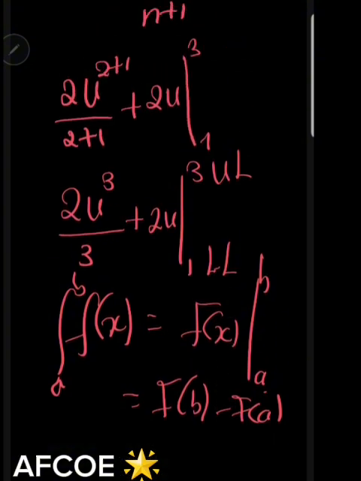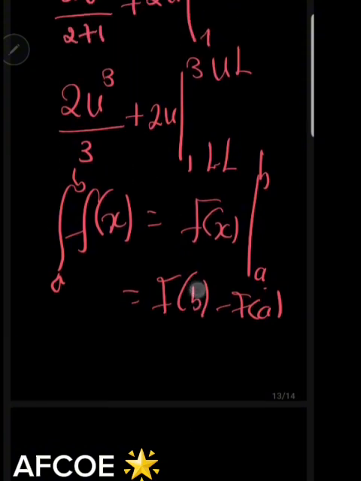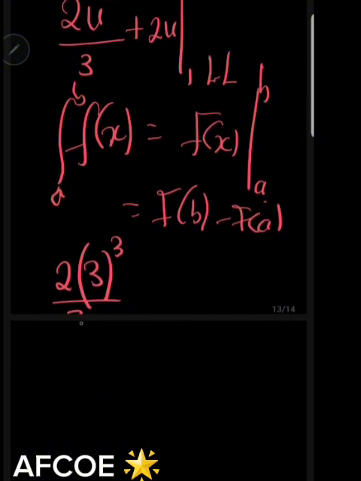So we just do f of 3 minus f of 1. We take 2 into 3 cubed over 3 plus 2 into 3.